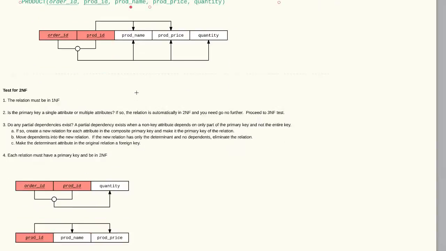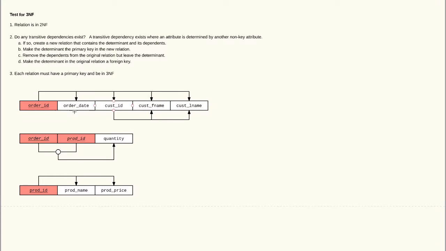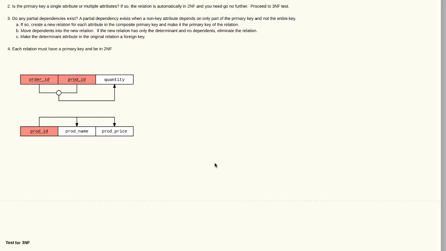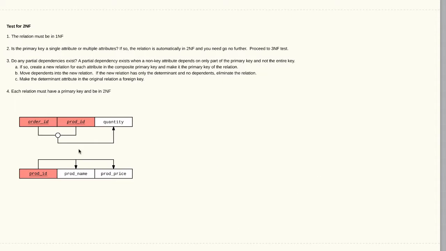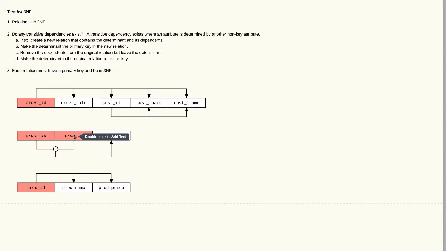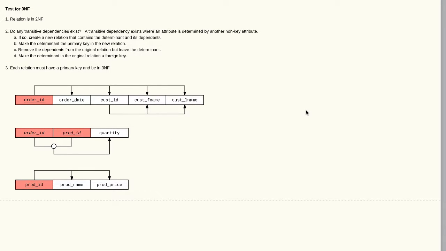So if you go down to the third normal form, the first diagram right here is what you saw up in the very first 1NF test. The next two diagrams are the result of my work for the second normal form. These two relations here, I brought those down so that when I get to third normal form, I have three relations now to work with. So I need to do this process for all three.